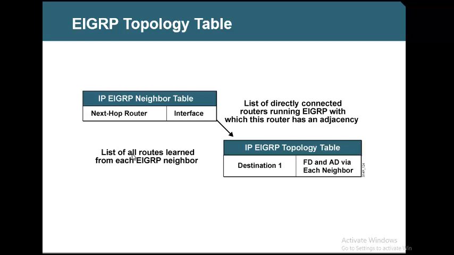So picking up the alternate path is only through the DUAL algorithm. Picking up the best route is also through the DUAL algorithm. So picking up the alternate path is what we are going to focus on now. Very important now. We are going to see how the backup path, the alternate path, is elected.